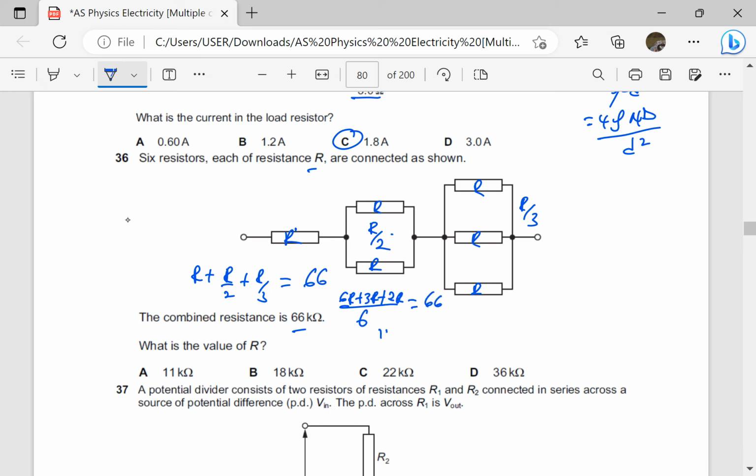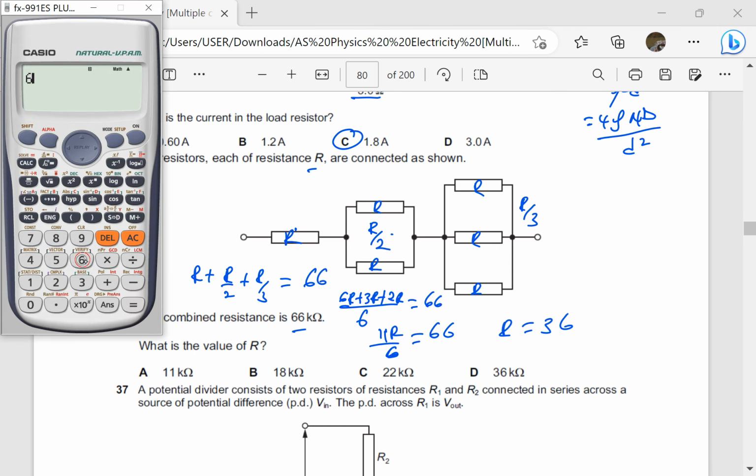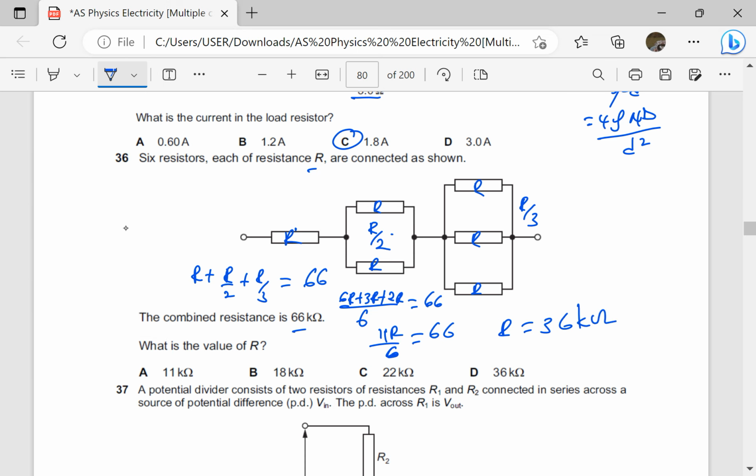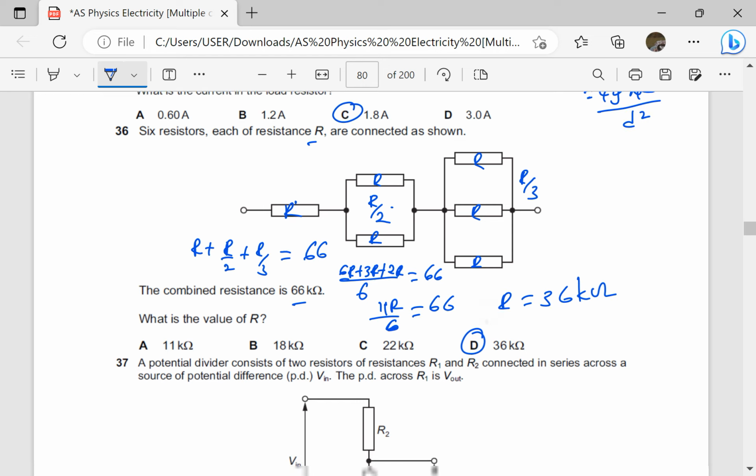So that is 11R over 6 is equal to 66. So R is equal to 36. You can check with the calculator: 66 times 6 divided by 11, that is 36 kilo ohms. So the answer will be D.